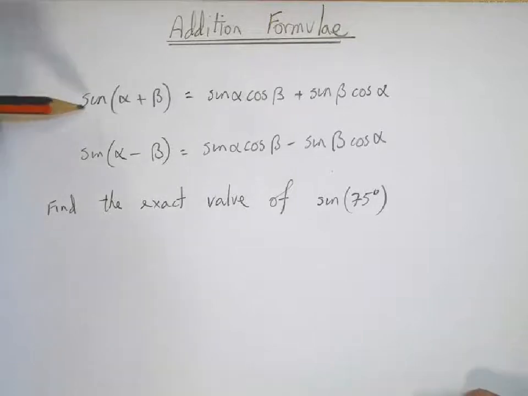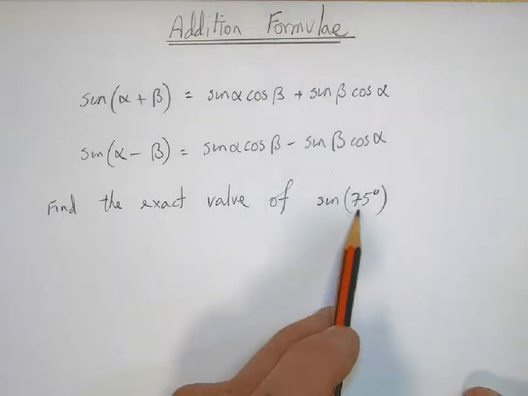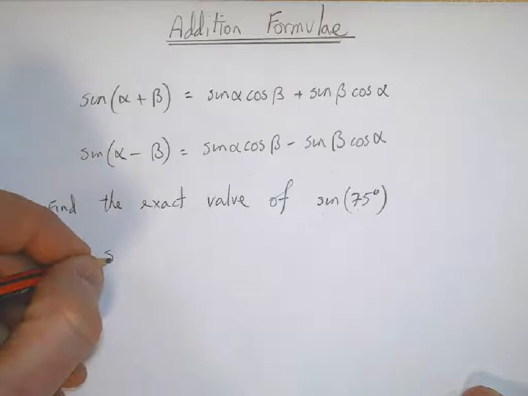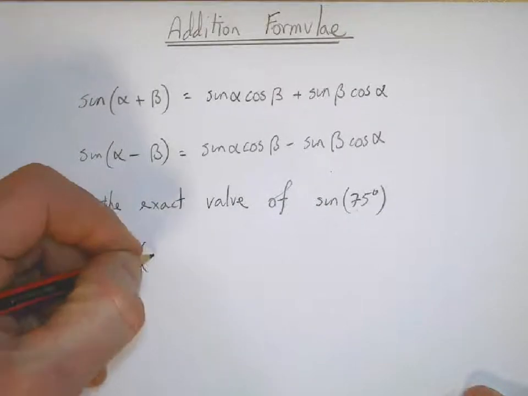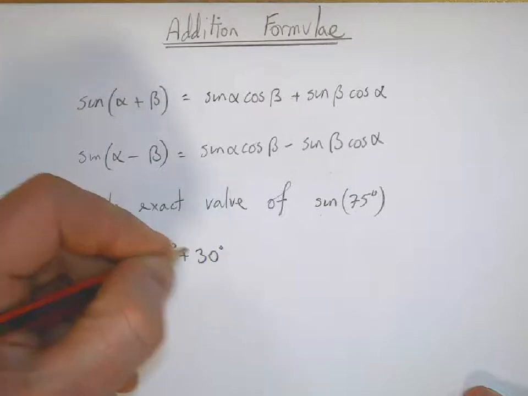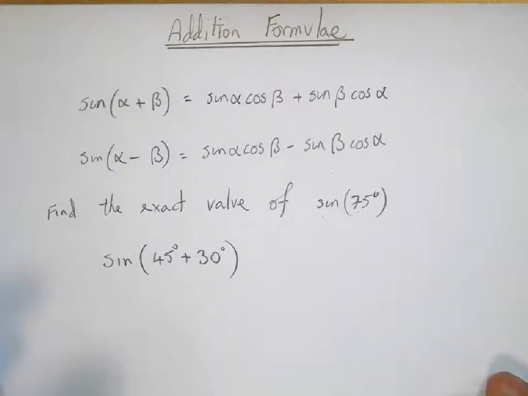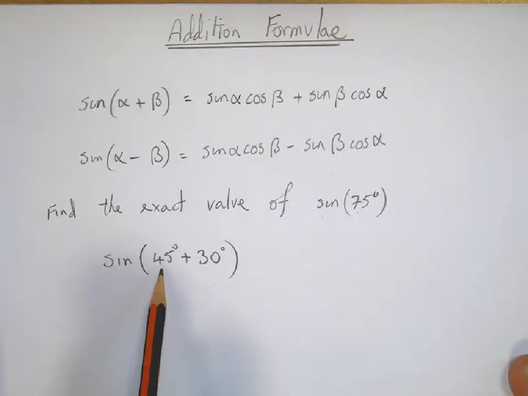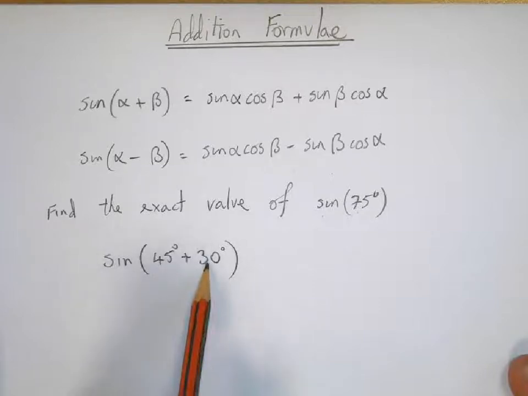So we could rewrite sine 75 as sine of 45 plus 30. The reason we use 45 and 30 is because we know the exact values for the sine of 45 and the cos of 45, and also for the sine of 30 and the cos of 30.